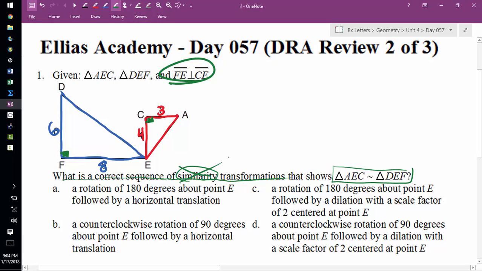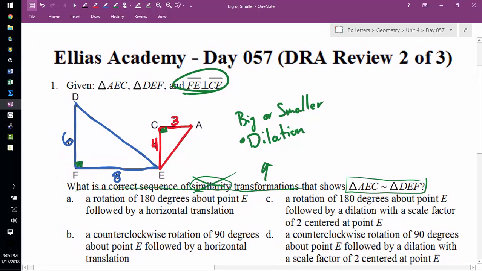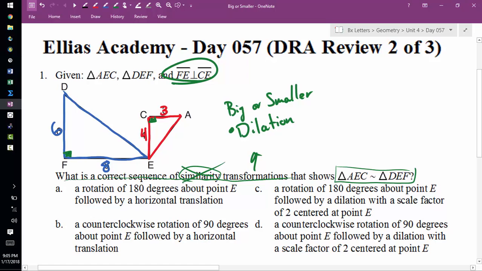We could just focus in on transformations and say, okay, if something gets bigger or smaller, the transformation that, at the very least, has to take place is a dilation. So I'm going to look through my answer choices, and if I don't see dilation in it, I'm going to cross that out, because that's how we're going to guarantee that the figures are similar.